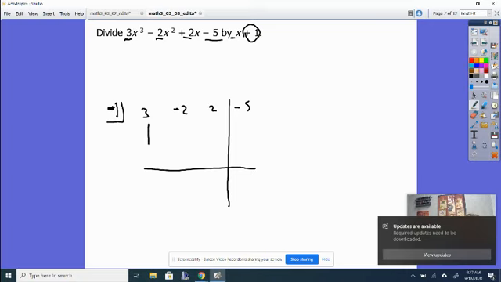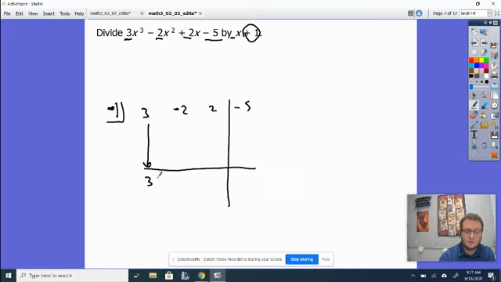Drop, multiply by the box, add. Multiply by the box, add. Multiply by the box, add.